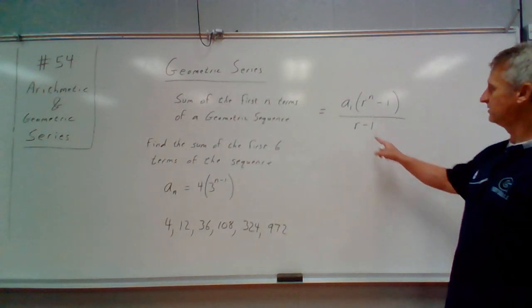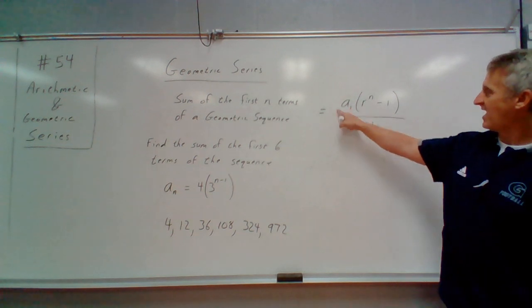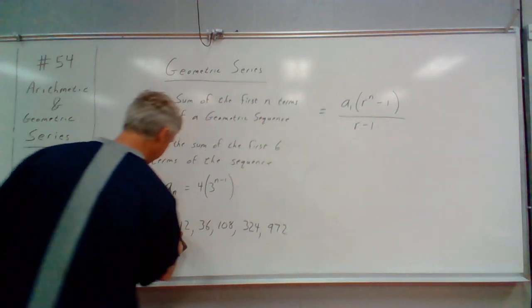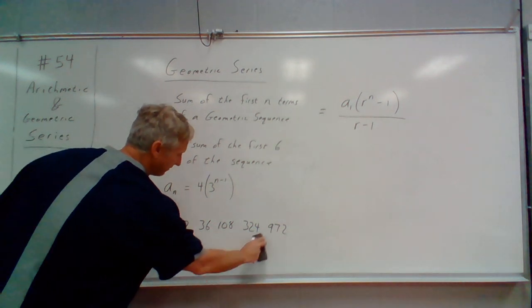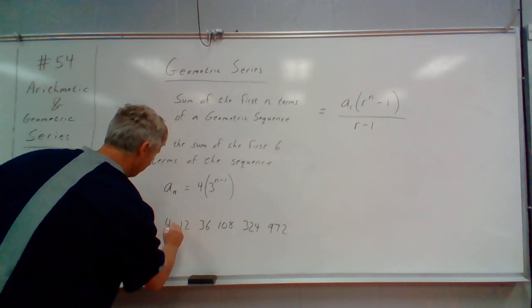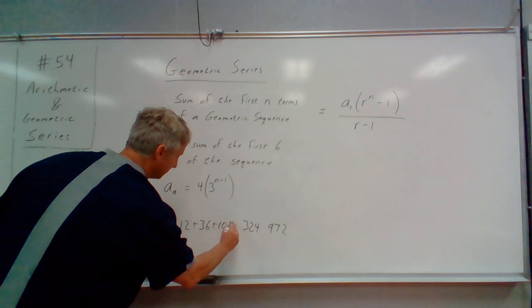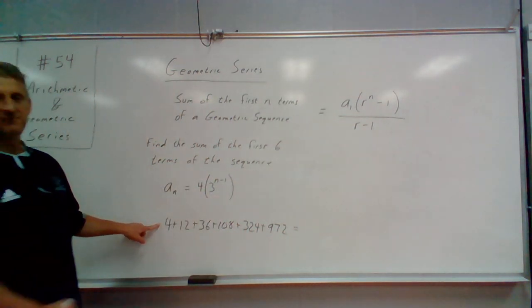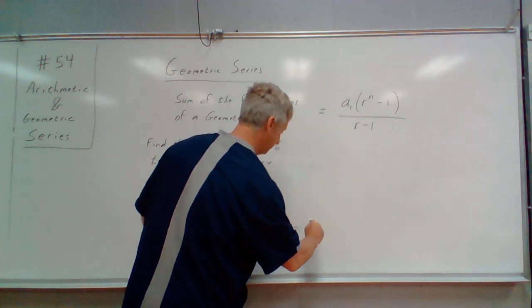All right, so what is my a sub 1? What's the first term? First of all, let's put plus signs between all these. So plus, plus, plus, plus, plus. All right, my first term is a 4. So we'll put that in here.